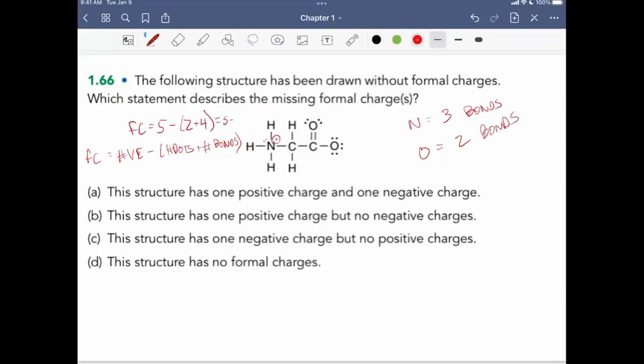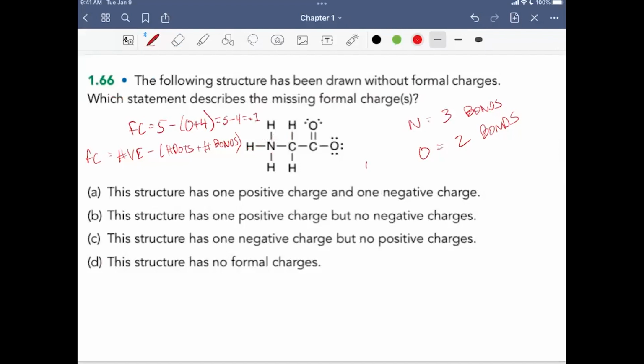So that is 5 minus 6. Did I do that right? I don't think I did that right. I think there's 0 dots actually, because if there's 4 bonds, it wouldn't have any dots there. So that's 5 minus 4. That gives us a +1 formal charge.